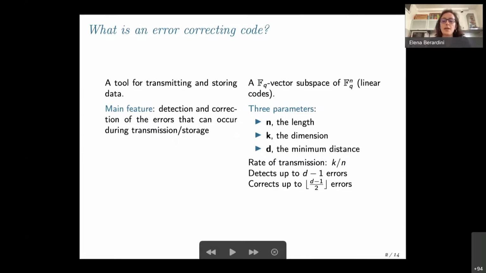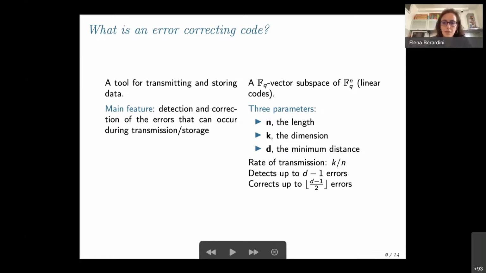You can imagine a codeword as a vector in the code, and so the length is nothing but the number of coordinates of the vector. The second is the dimension k of the code, which is its dimension as a vector subspace.